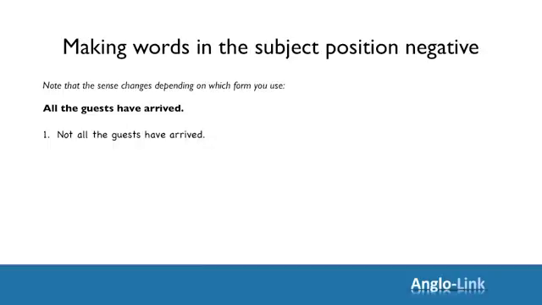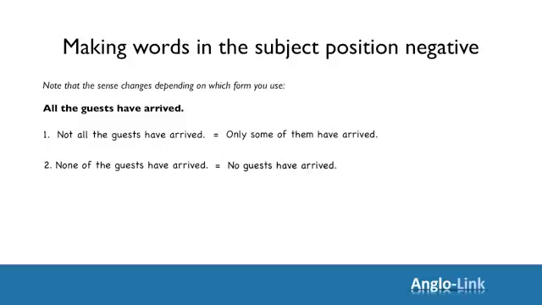This means that only some of them have arrived. However, if you use a negative word, that is none, the opposite of all, to make the sentence negative, it means something different. None of the guests have arrived means that no guests have arrived.